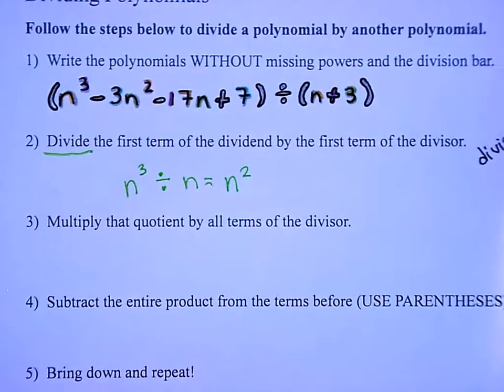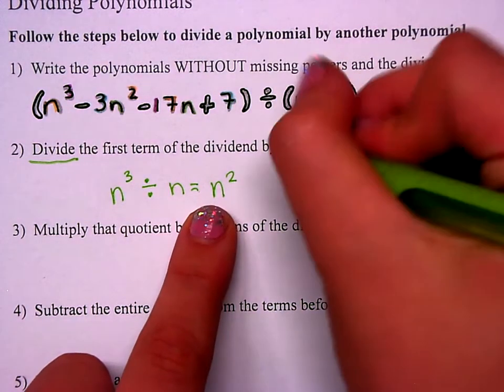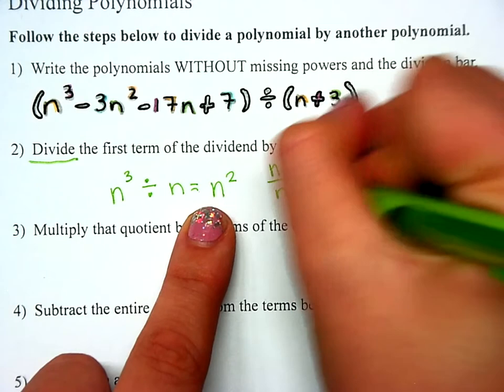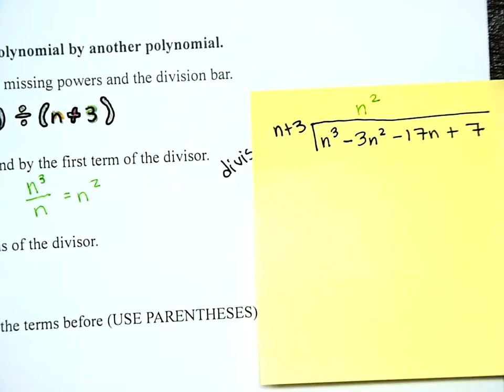You guys didn't see me write that. So I did n to the third divided by n. You can also write it this way if that makes more sense to you. But both just mean to divide. So that's my first step, and you write what you get up top.